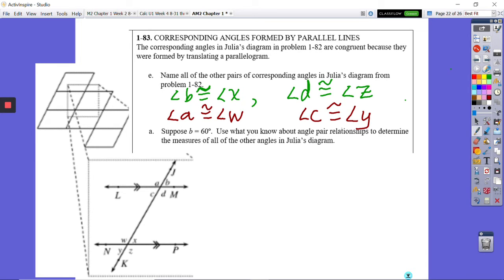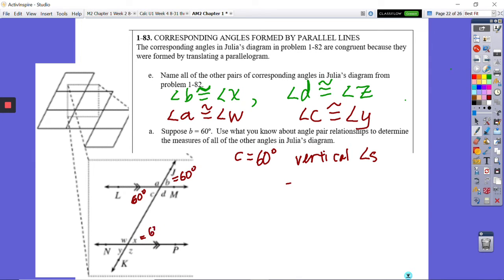So if D is equal to 60 degrees, can we find all the other angles in the whole picture? So notice that B is 60. Okay. We know that C has to be 60 because they're vertical angles. So C equals 60, vertical angles. Okay. What else do I know? Well, B and X are equal.